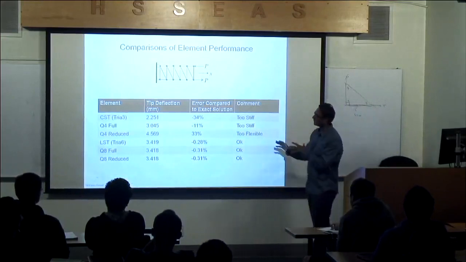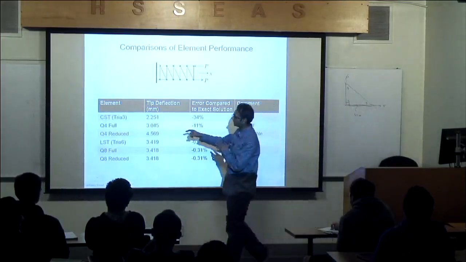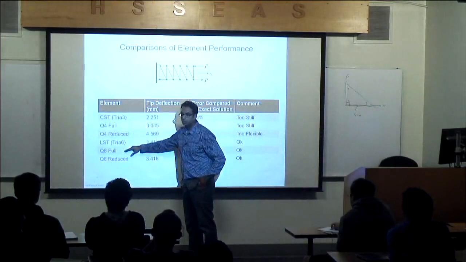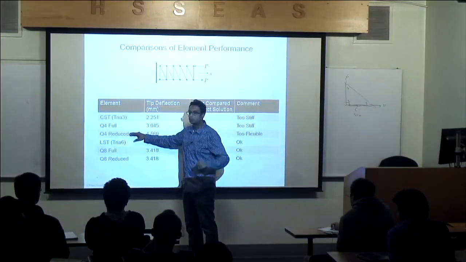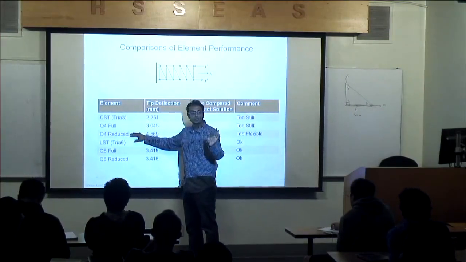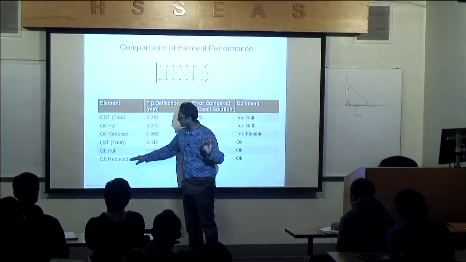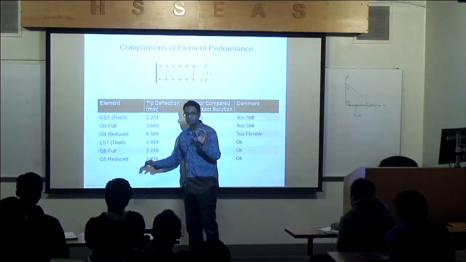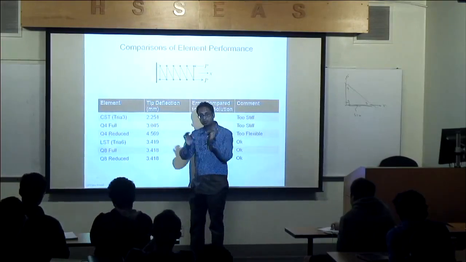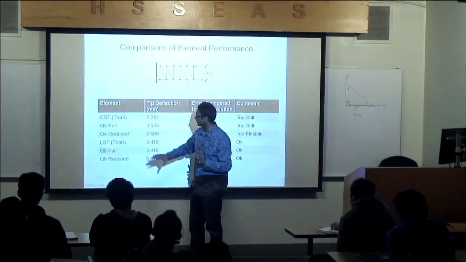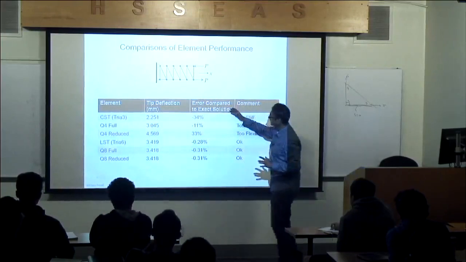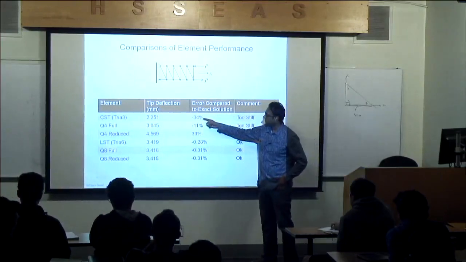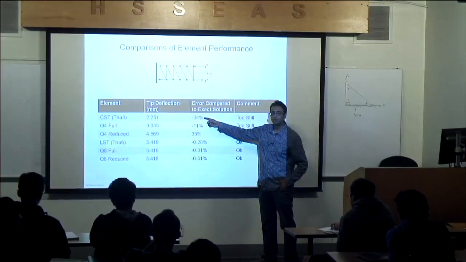If you want to look at tip deflection and compare the different element types, you guys already know what reduced integration means. I'll cover that a little bit later as it applies to solid mechanics. But you already know what to do with reduced integration, basically using fewer integration points to evaluate the integrals. When I do that, the error compared to the exact solution is really, really stiff for the Tria3, the linear triangular element.